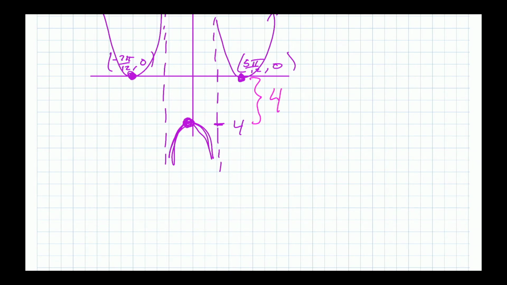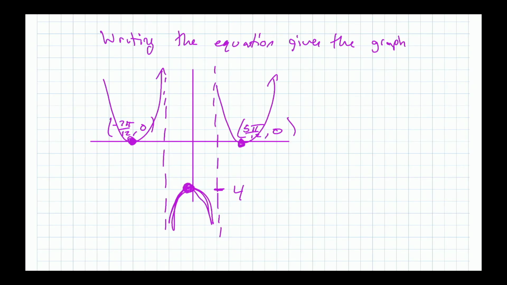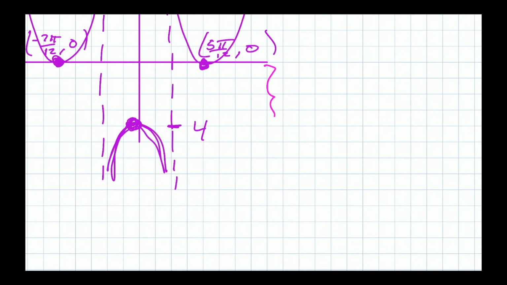Now that distance is 4, but on the original graph it's 2, right? That distance. What's that mean? It means that the graph is twice as tall. That's what it means. So the graph here is twice as tall.